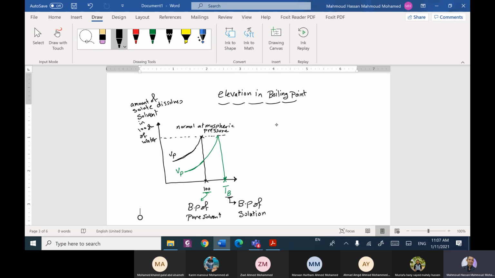We'll find the vapor pressure of pure solvent is high, and for solution is low.